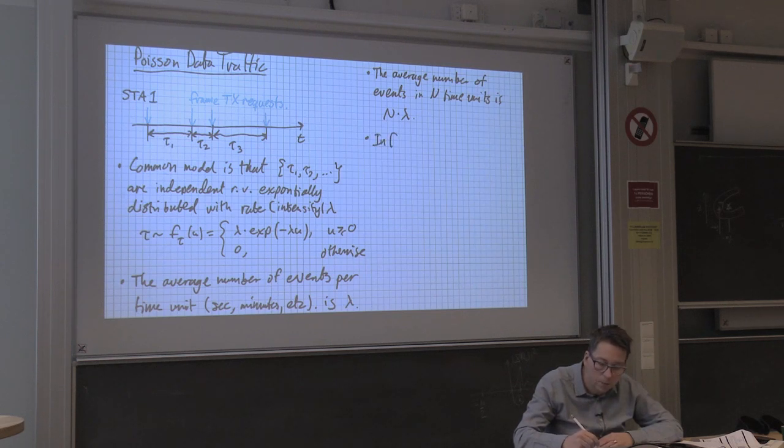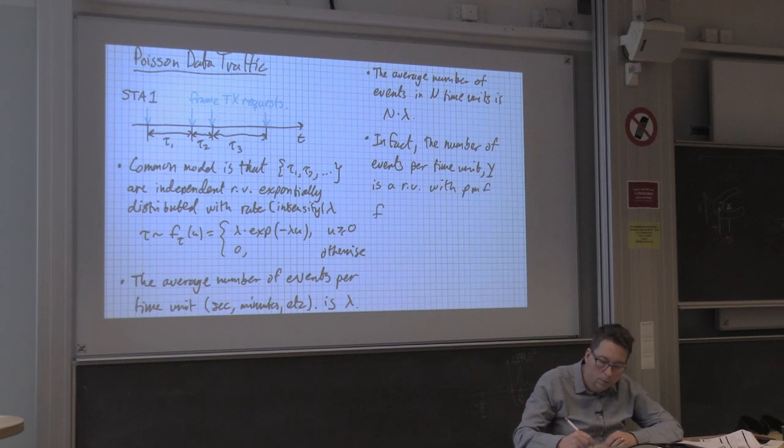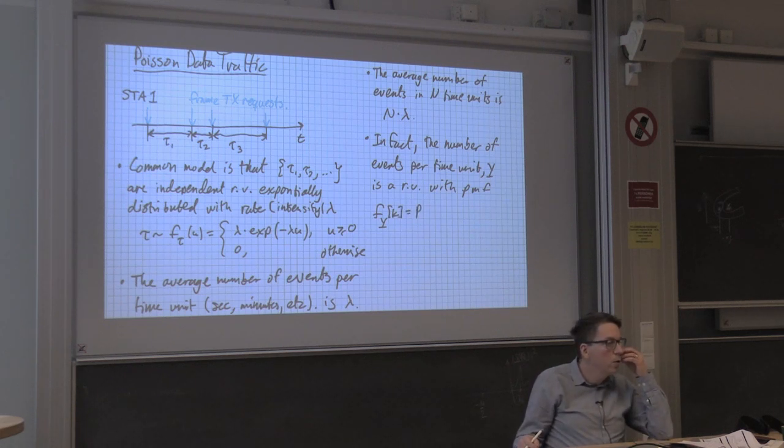So the number of events per time unit is a random variable, and let's call that Y. It is a random variable with PMF f subscript capital Y of k, because it's a discrete random variable, an integer, evaluated at k.